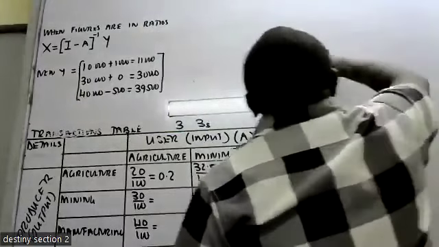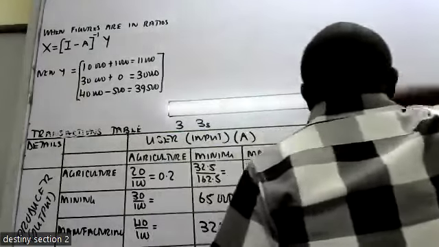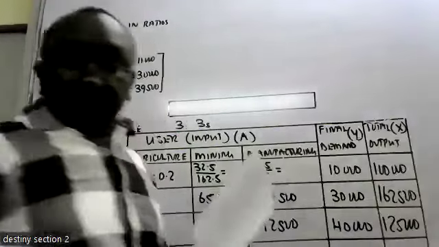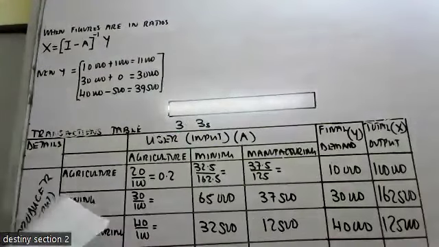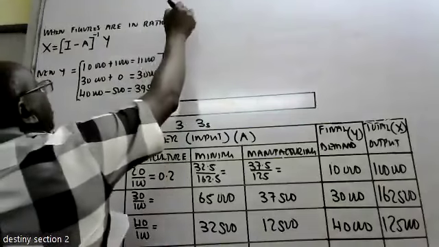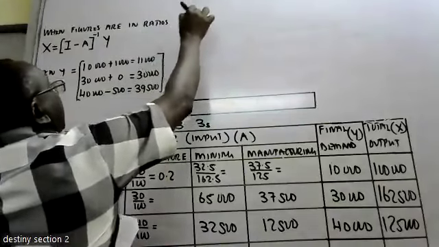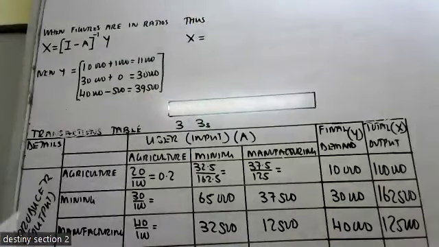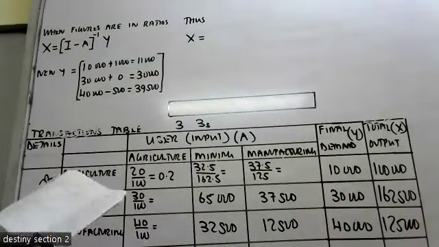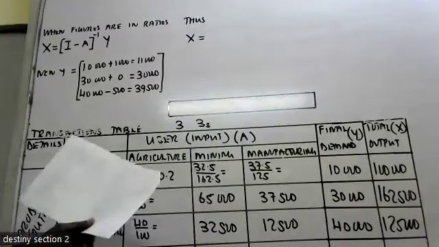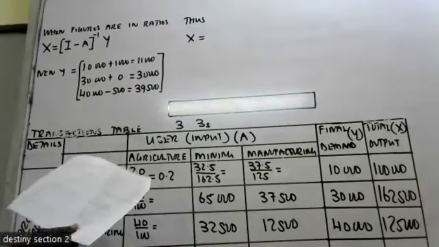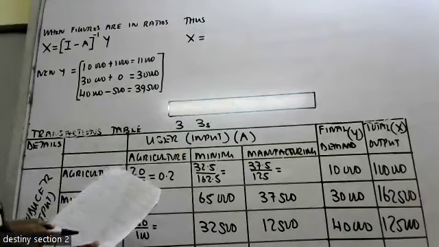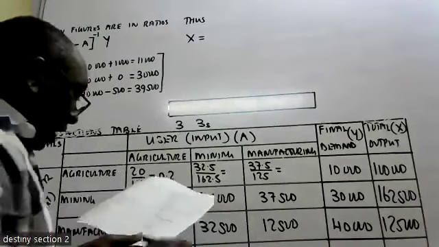We continue below and say thus X should be equal to the Leontief inverse. In the table they have not put that rate as the inverse. It should be there.